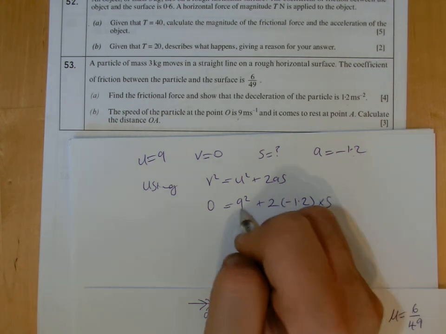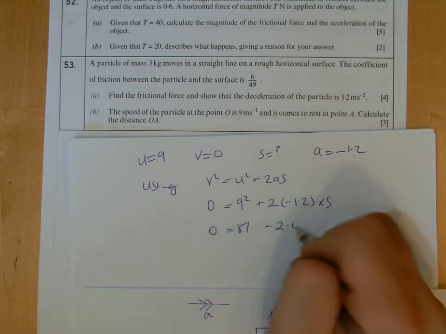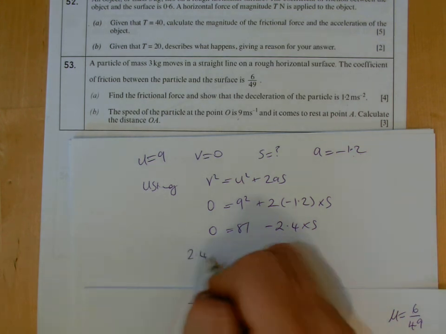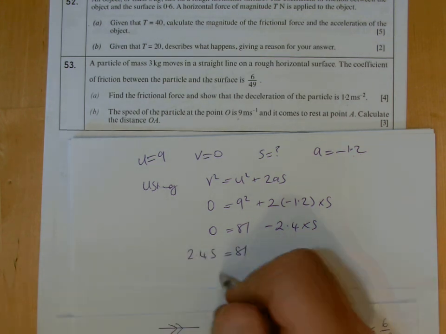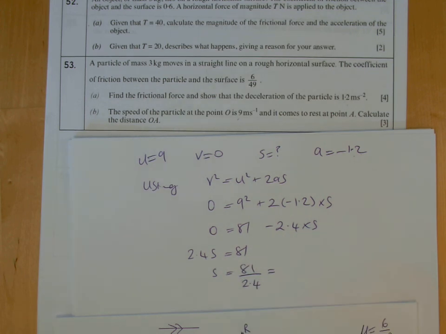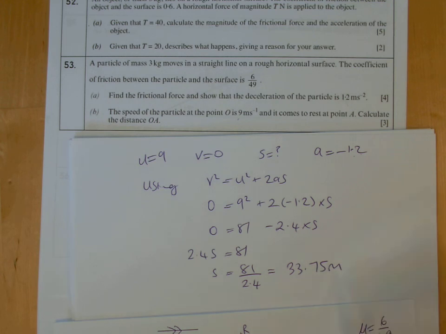So that would be 81 take away 2.4 times s. Take that over, 2.4s equals 81. So s will equal 81 divided by 2.4, which gives 33.75 meters.